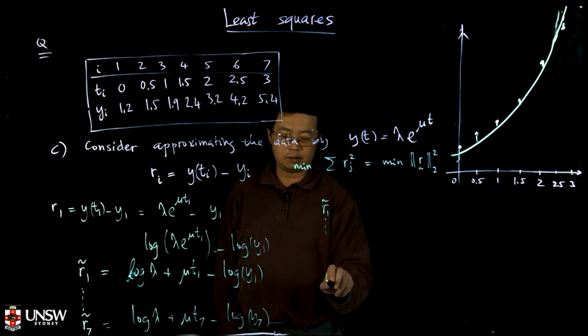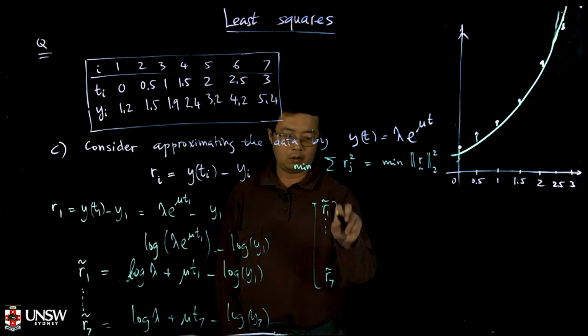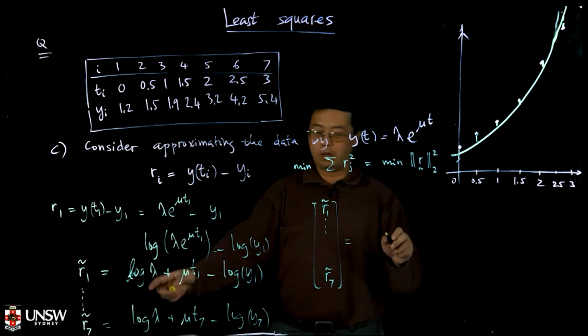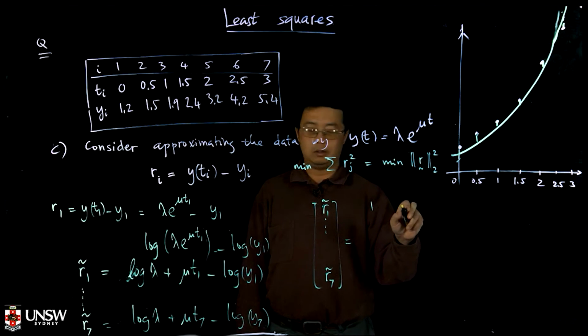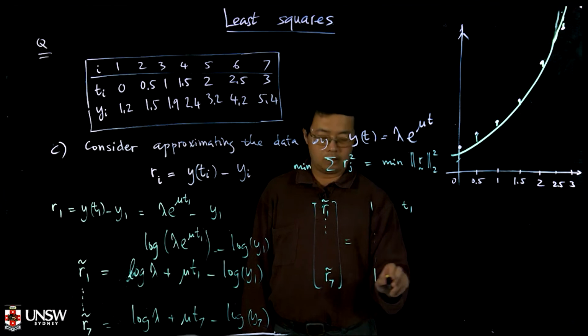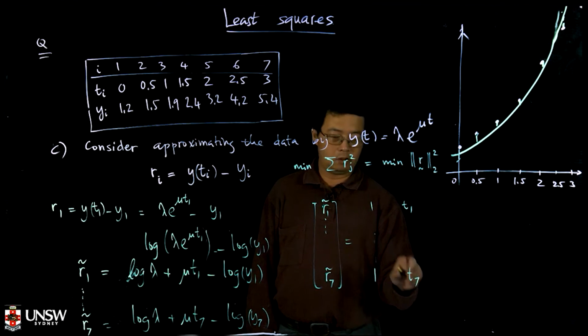And now what is the matrix? So now the matrix will be 1, t1 up to 1, t7.